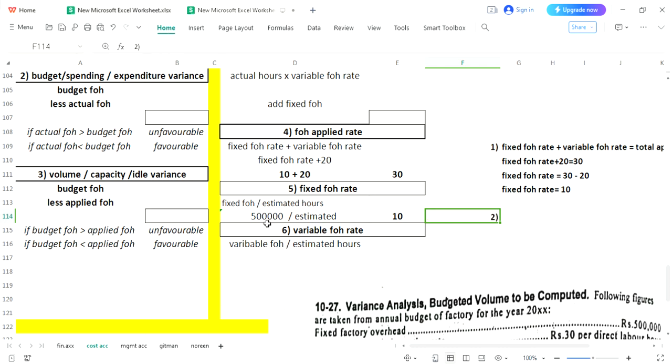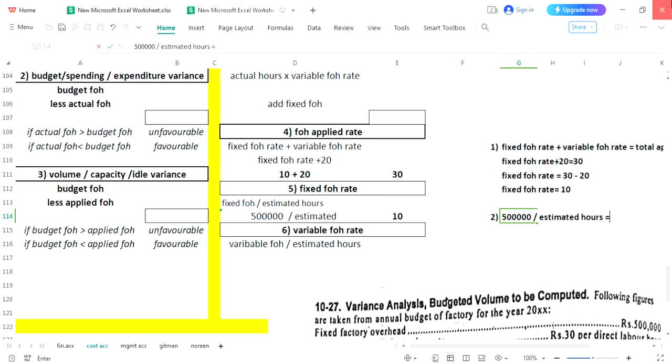Second, what statement you have written over here? I'm writing the same statement at this place. 5 lakh as fixed FH was given, and it was divided by estimated hours, which were not given in the question, or budgeted hours. It was equal to 10. Now guess what would be the next step?